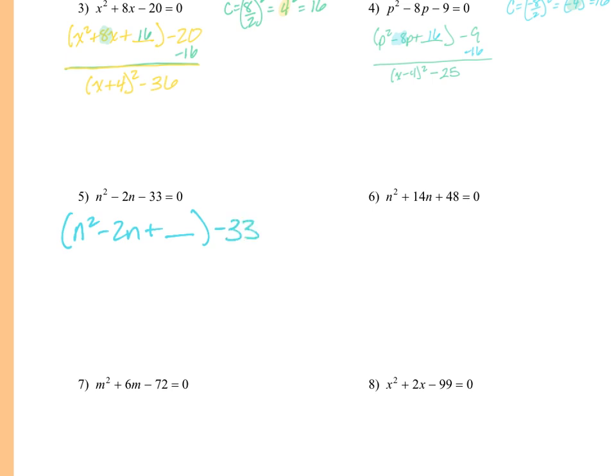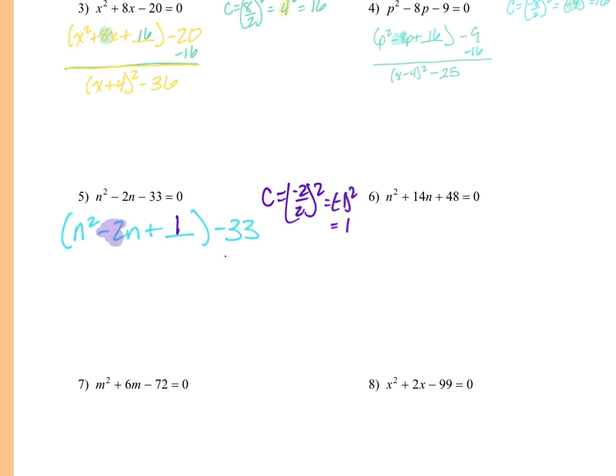Okay, so for that number, I'm going to look at the -2, and I get C equals -2 divided by 2 squared, which is -1 squared, or 1. So I'm going to put 1 there.